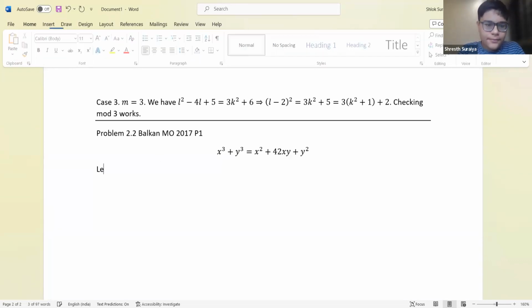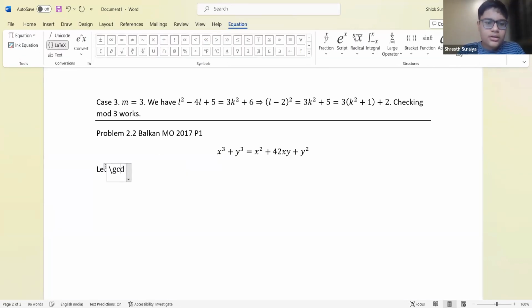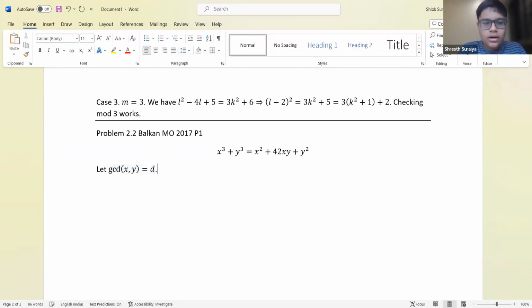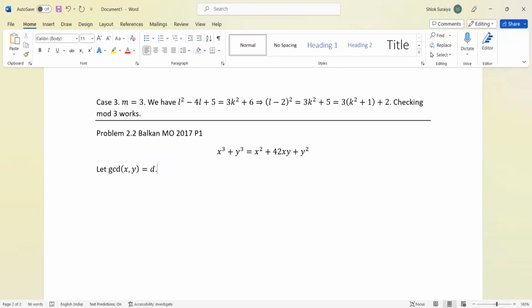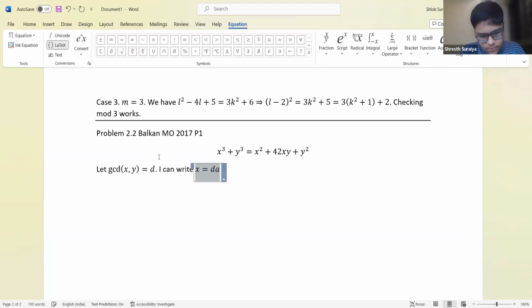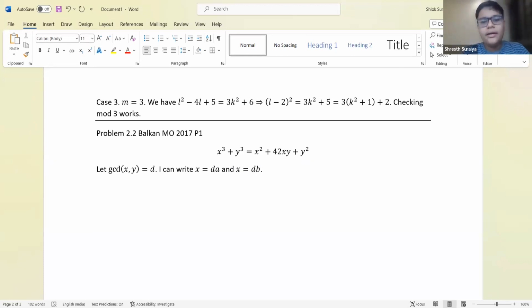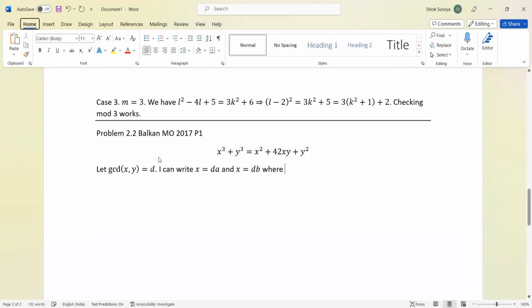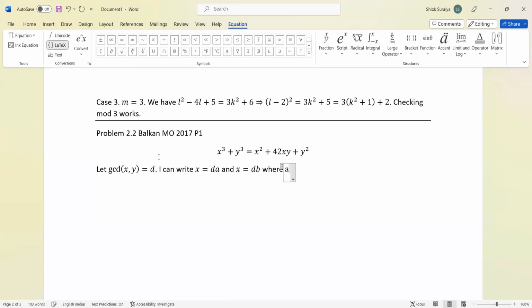For example, let the greatest common divisor, I hope everyone is familiar with GCD, of x comma y be d. So I can write x equal to dA and y equal to dB, where a and b are co-prime.